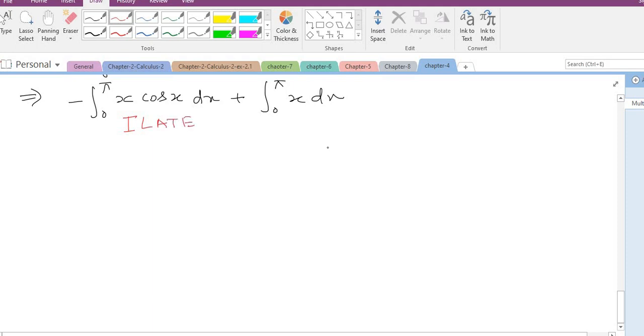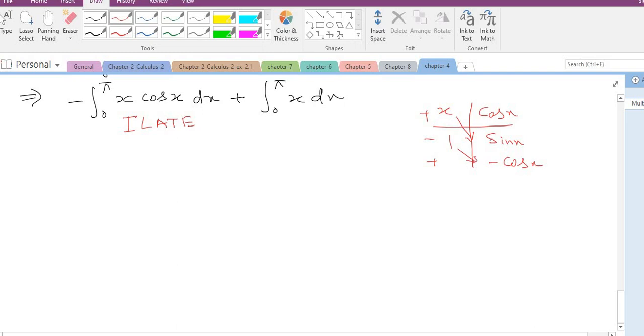It is the tabular form we can use directly. x is the first function and cosine of x the second. Differentiation of x is 1, then 0. So it means you need to integrate cosine two times. Integration of cosine x is sine x and then minus cosine of x. And here write plus, minus, plus, and then multiply this by this one and this by this one. So see that one here.